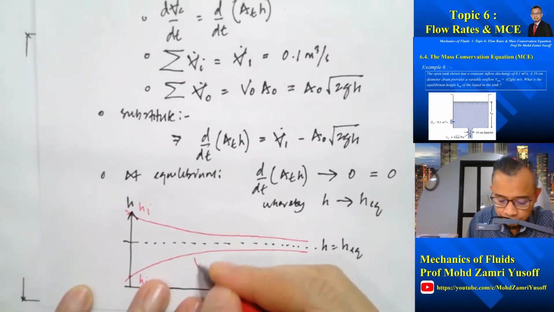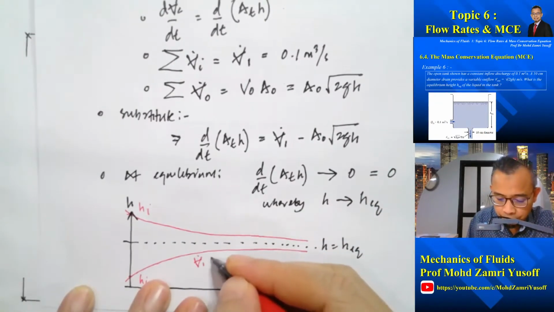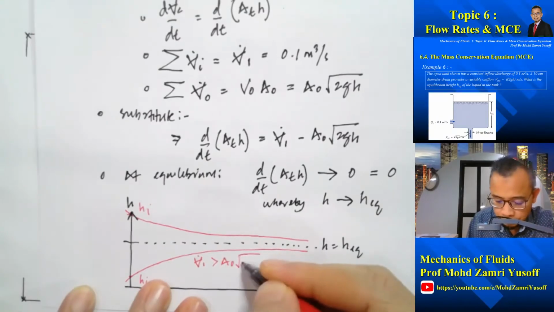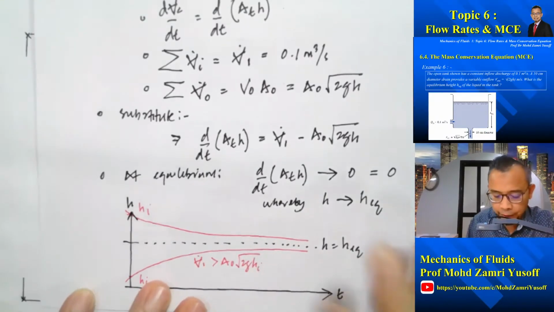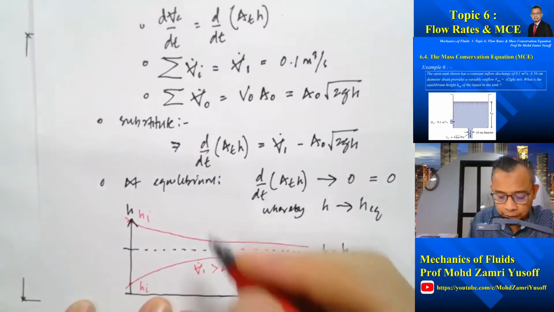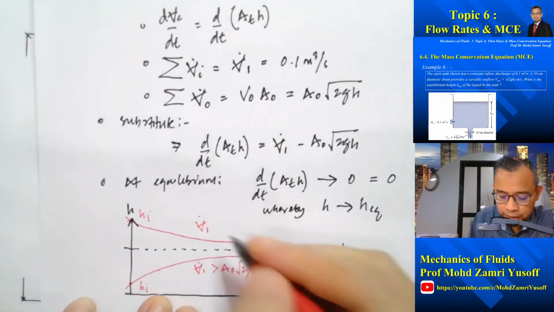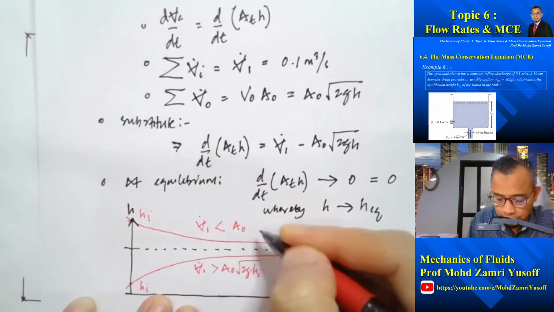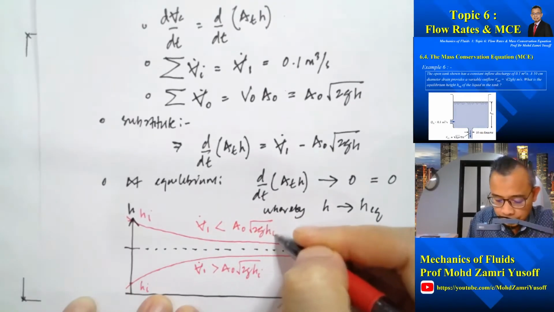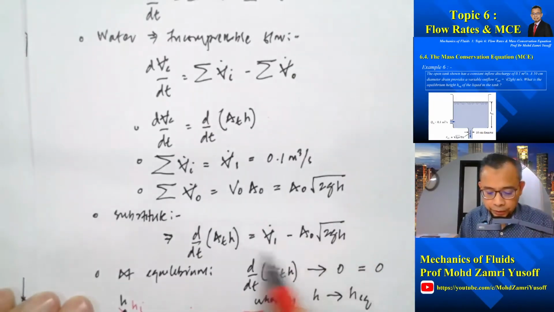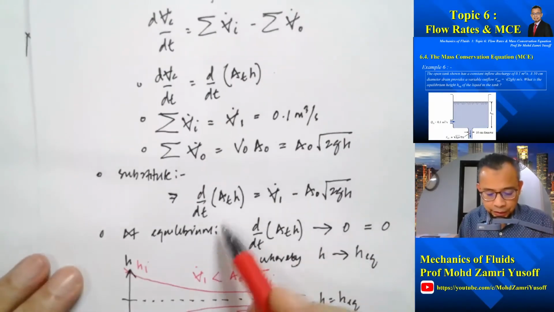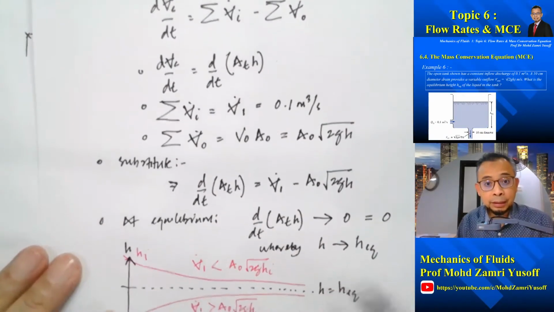That means that if V dot 1 is actually bigger than A naught root 2g Hi, it will be like this. Or if V dot 1 is actually less than A naught root 2g Hi, this value here will be negative. So the gradient here will be negative, so it will be like this.